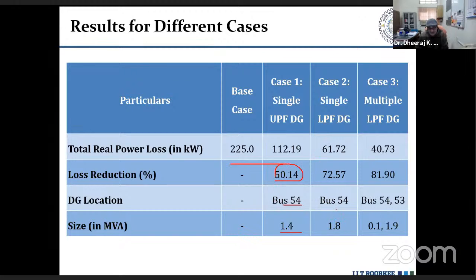If we place a 1.8 MVA DG at bus number 54 and operate it at load power factor, we can achieve about 73% loss saving. If we place multiple DGs operated at load power factor at bus number 54 and 53 with these capacities, we can achieve about 82% loss saving.